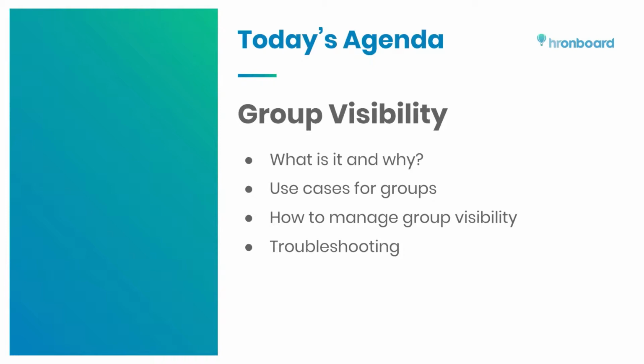So previously what HROnboard provided was a way to control visibility depending on your companies and locations, or just the offers that you've created. We've realized since then that that's pretty rigid, so we've created this new feature called groups, where you have the flexibility to create your own group to assign visibility.